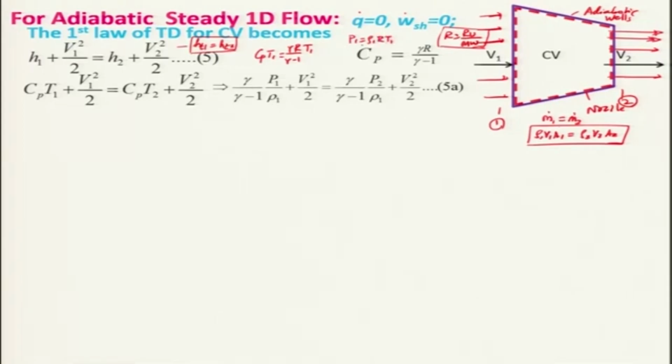So, therefore, R T1 from here I can write as P1 by rho 1, so we get gamma divided by gamma minus 1 into P1 by rho 1.